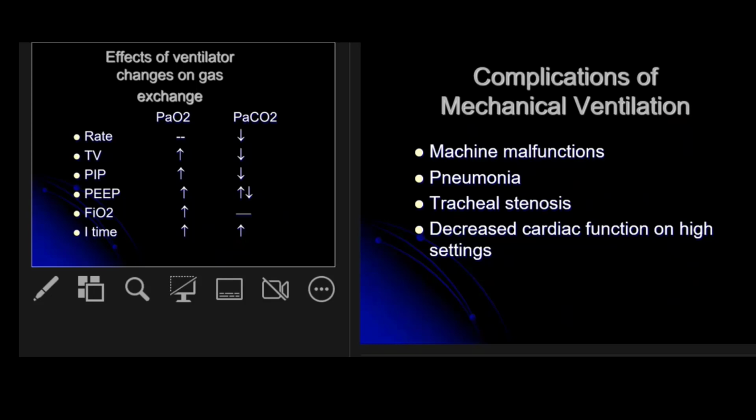So this is just change of difference. And if you increase your PIP but keep your PEEP the same, so if my PIP goes from 20 to 25, and my PEEP stays at 5, then my delta P is going to go from 15 to 20.